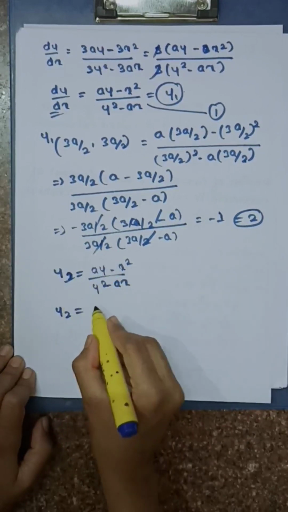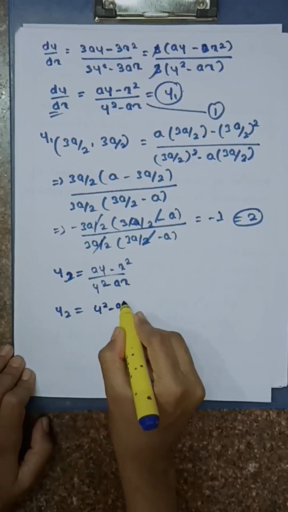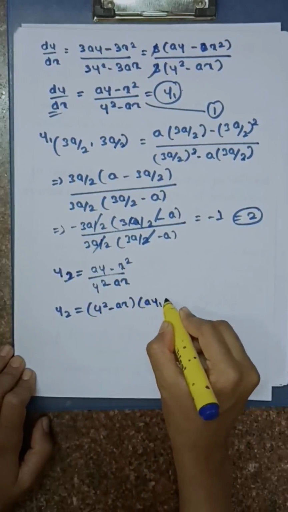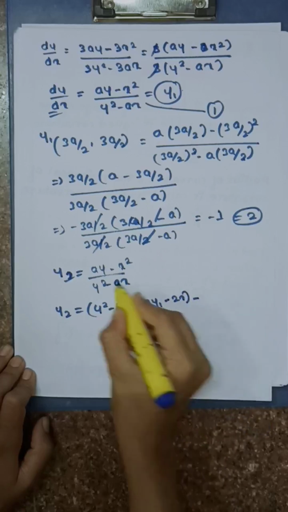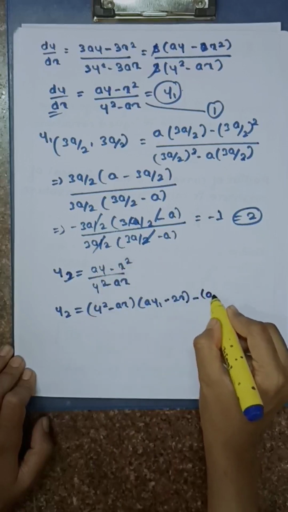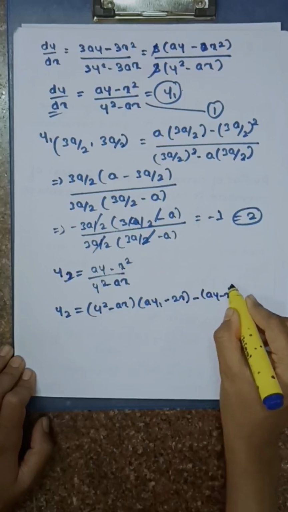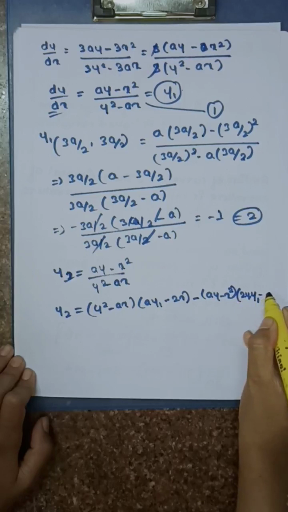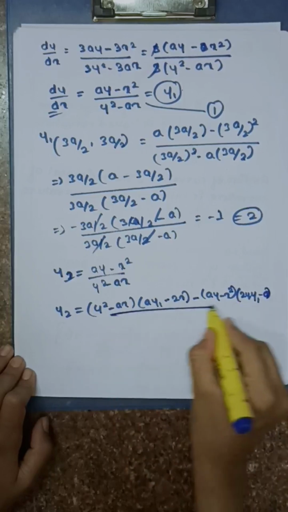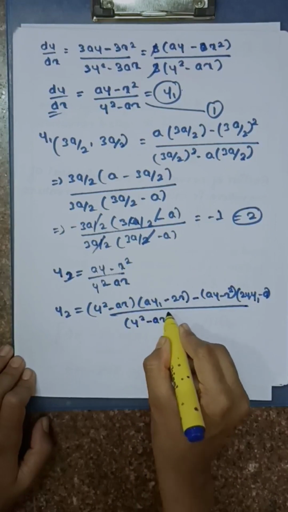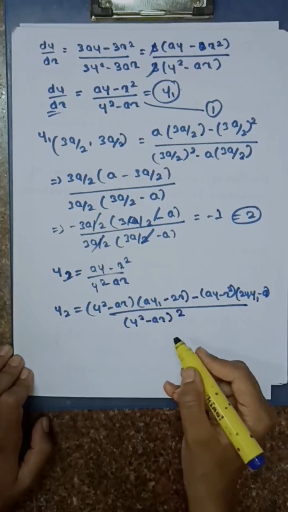First this term will be constant, and then we differentiate this term, that is a y1 minus 2x. Next this term will be constant, that is ay minus x square. Next we differentiate the denominator: (2y y1 minus a) divided by the square of y square minus ax, whole square.